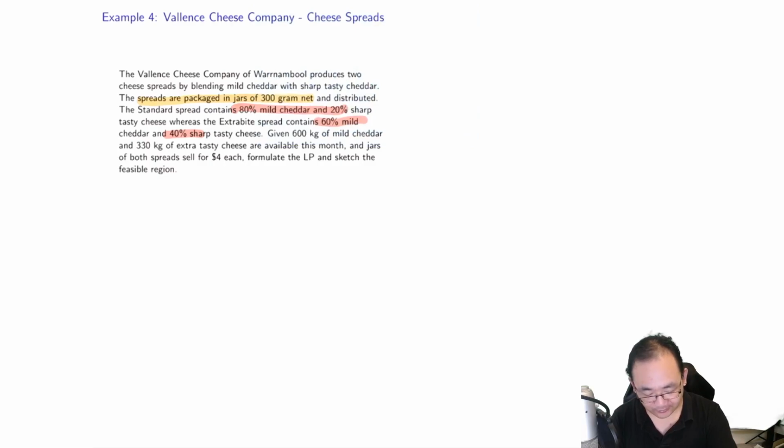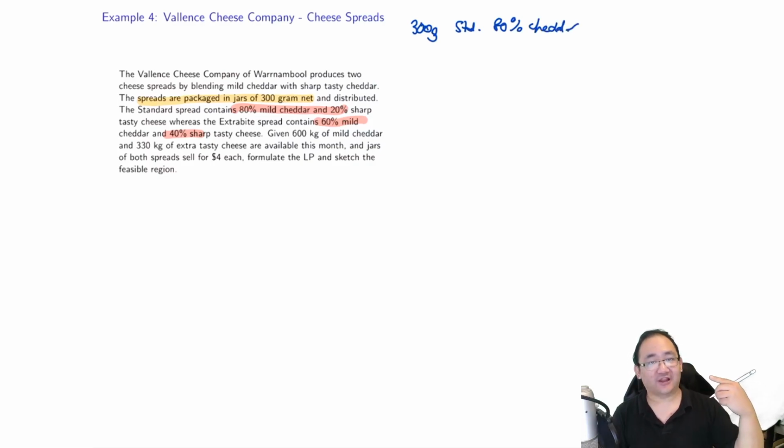If we've got a jar of 300 grams, and the standard has 80% cheddar, the question is, how much cheddar is that in grams? So 80% of 300, that's going to be 300 minus 60, I'm thinking 1 minus 20%.